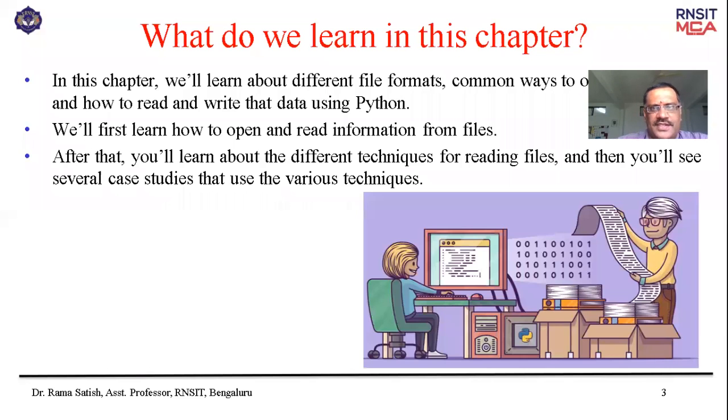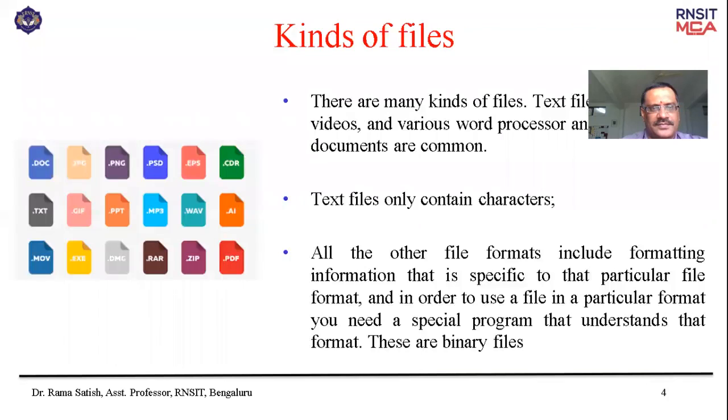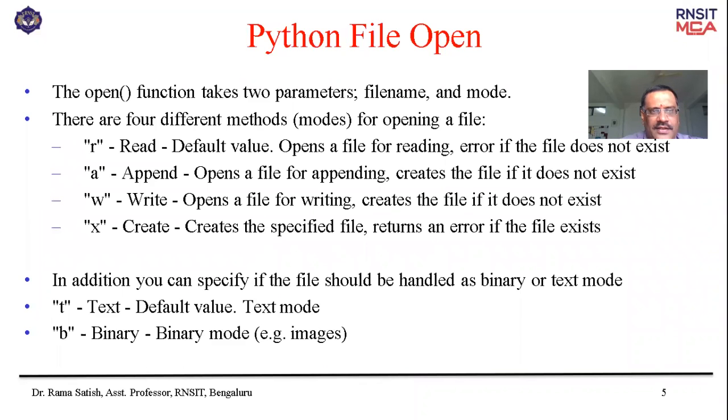Yesterday we discussed that in this chapter we are going to work with Python files, different kinds of files, and how to open a file. There are 4+2 modes. One mode is text mode, another is binary.